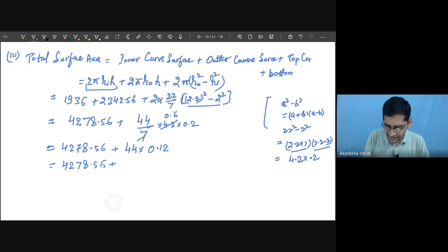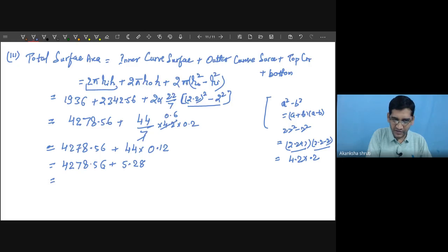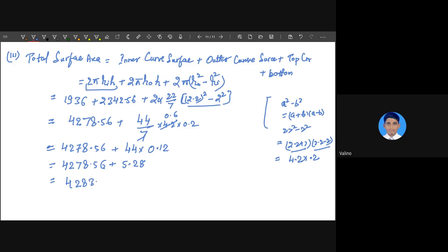4278.56 plus, let us first multiply 44 with 0.12. We can get this as 5.28. Just go for adding: 4278.56 plus 5.28, we are able to get 4283.84.